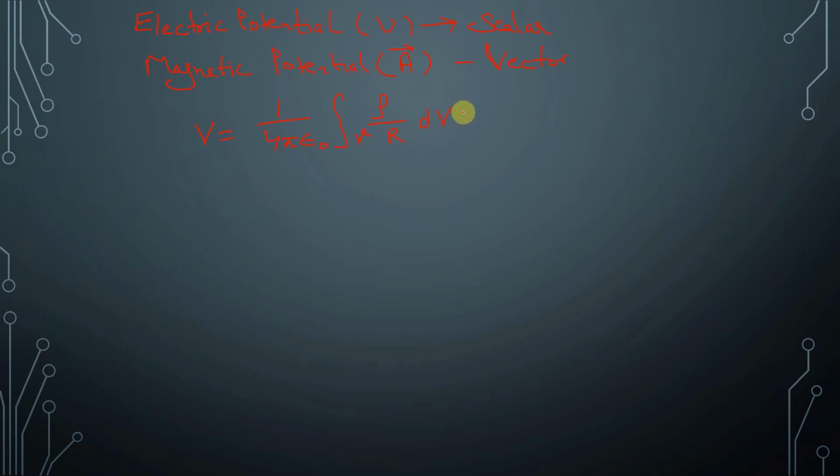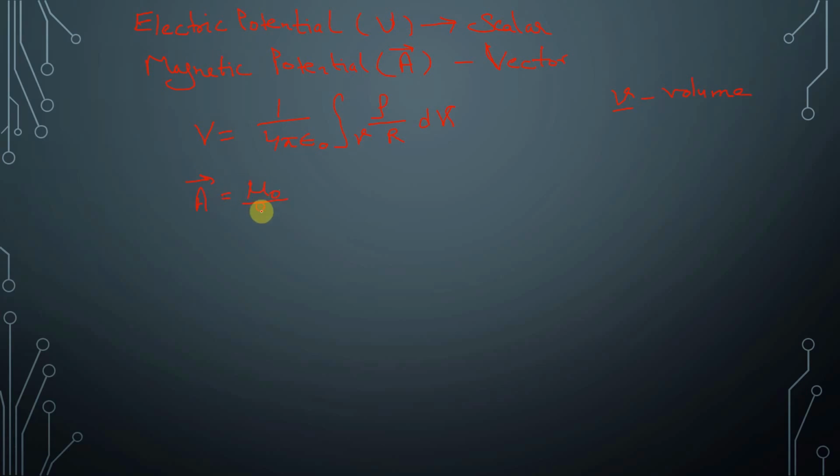This v is different. Capital V is potential, this small v is volume. Don't confuse the two.